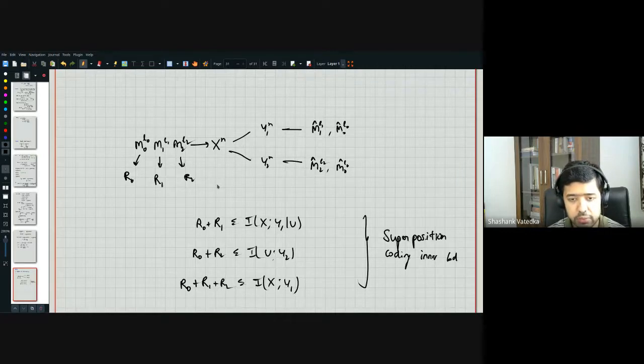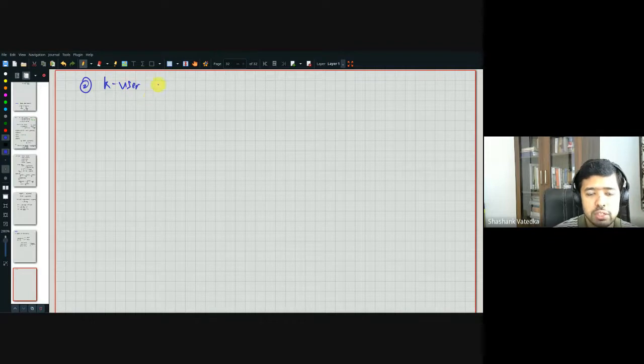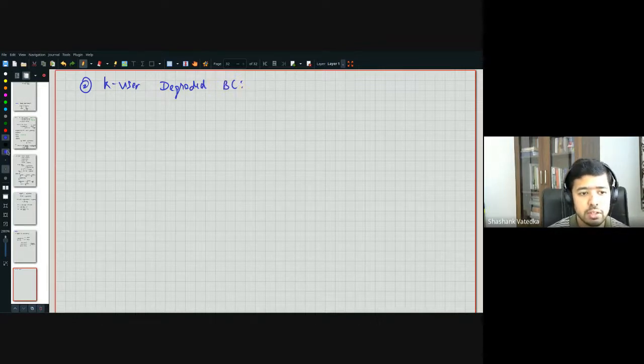Now, similarly, if you have more than two users, so if you have a general K user degraded broadcast channel, then the capacity region is given by the following.